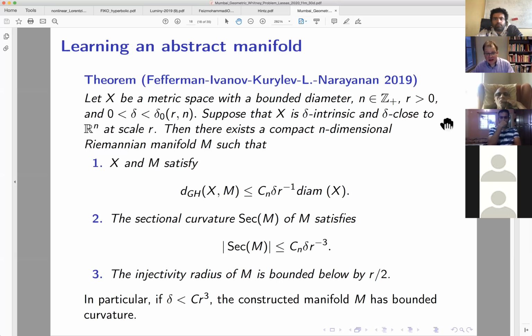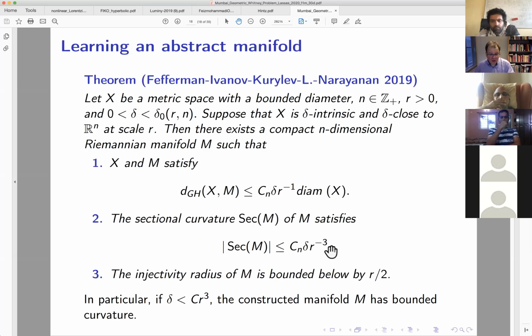Then if the metric space X is delta intrinsic, so it satisfies the global condition, and it is delta close to R^n at scale R, so it satisfies the local condition, then there exists a compact n-dimensional Riemannian manifold such that we can estimate how large the Gromov-Hausdorff distance is between the data metric space and the constructed manifold. The sectional curvature of the manifold is also bounded by this quantity, delta R to the power minus 3, and the injectivity radius is bounded by R over 2. This can actually be improved, but I won't go into that in this context.